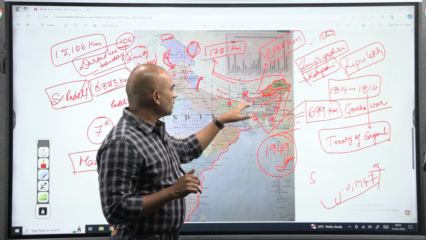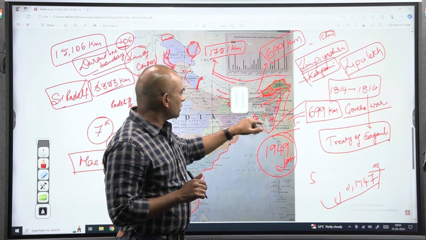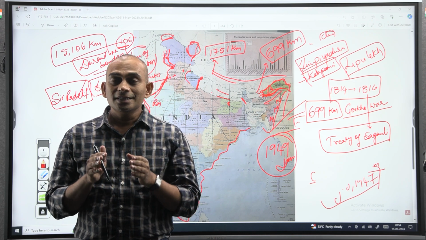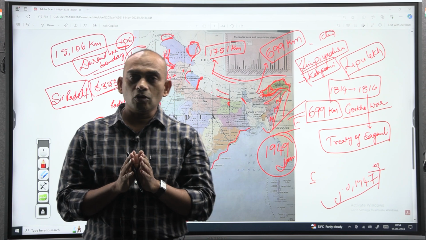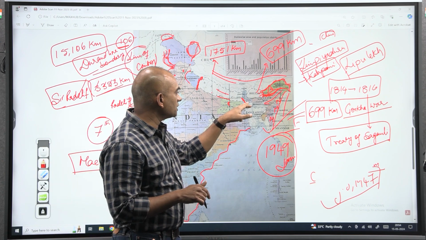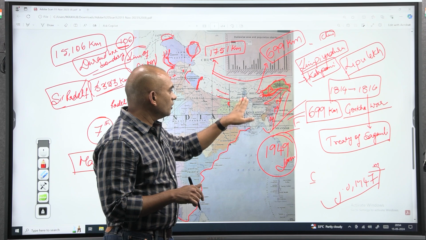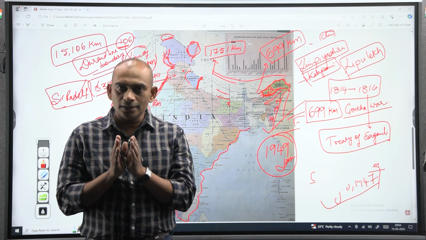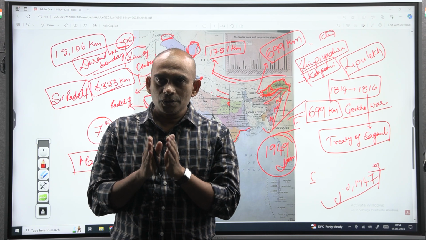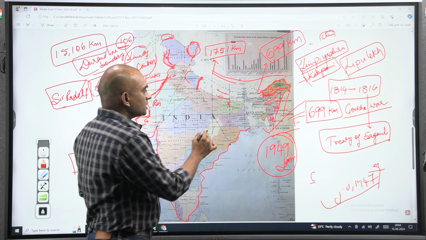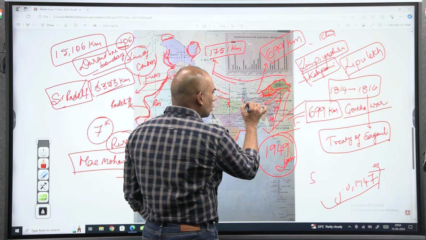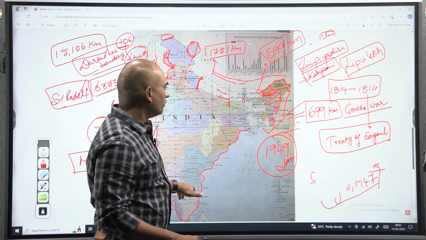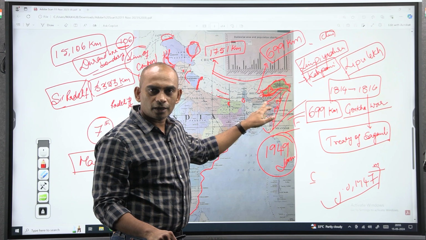Okay, and next, if you look at this location, we call it the Siliguri corridor. The Siliguri corridor is the most strategic location where we have the narrowest land that belongs to India. This narrow corridor is connecting entire India with the northeastern part of India.